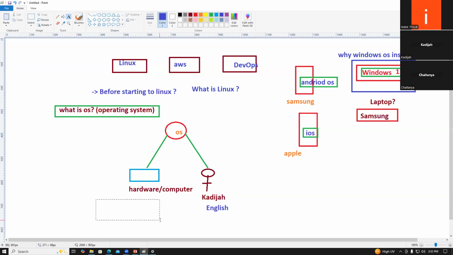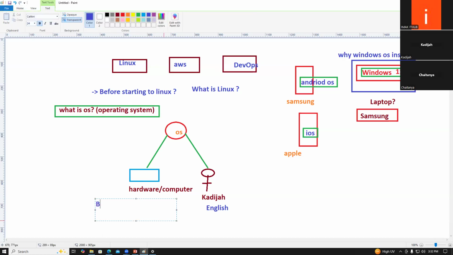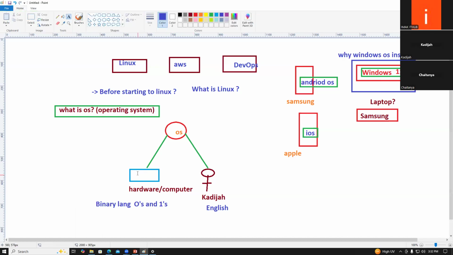Hardware knows which language? Binary language. Binary means zeros and ones. So hardware knows binary language. You know which language?